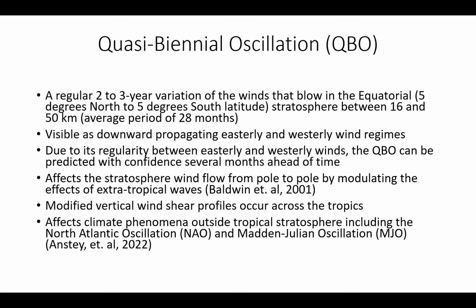And it occurs in the layer of the atmosphere that's known as the stratosphere, between 16 and 50 kilometers above the Earth's surface. Now, I did note here that there's an average period of alternating wind regimes on the order of 28 months, or about 2.5 years. Now, the quasi-biennial oscillation, the QBO, is visible as downward propagating easterly and westerly wind regimes.